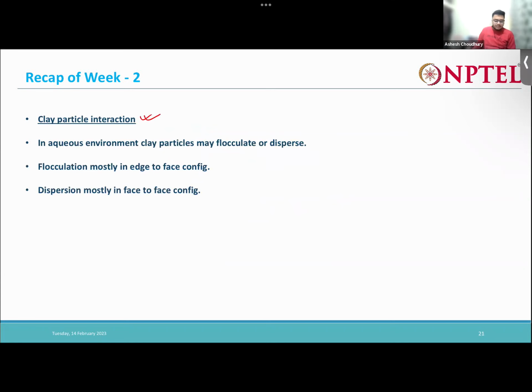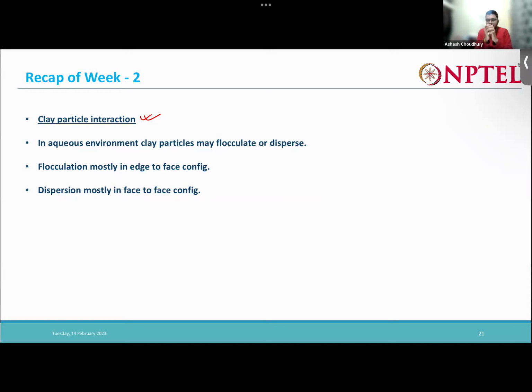Then we come to the topic of clay particle interaction. As those particles are very minute, there is some interaction between those clay particles. In an aqueous environment, meaning not when the clay is dry but when water is present, the clay particles may flocculate.